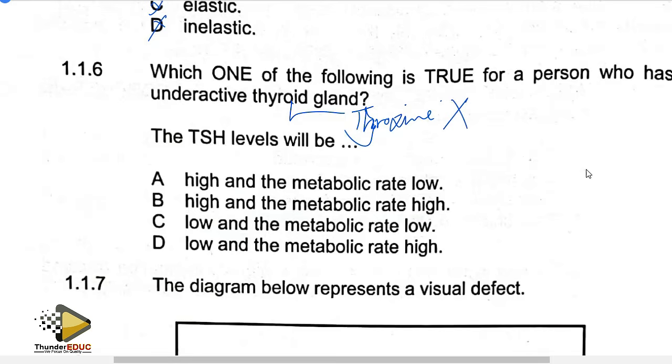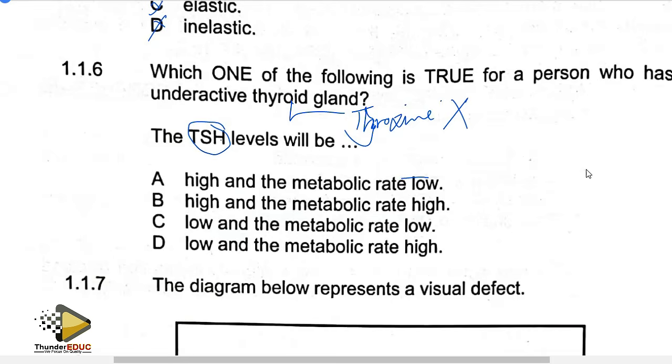So therefore, the thyroid stimulating hormone, this hormone which stimulates the thyroid gland, is what we look at now. If the thyroid gland is not functioning, then thyroxine will not be produced. Therefore, now we come to high level and low metabolic rate. The thyroxine level will be high. Why?